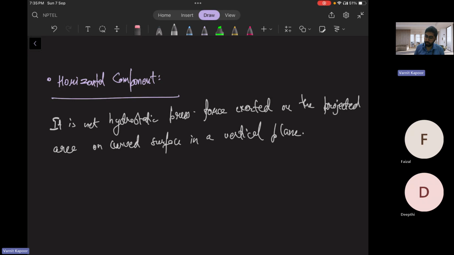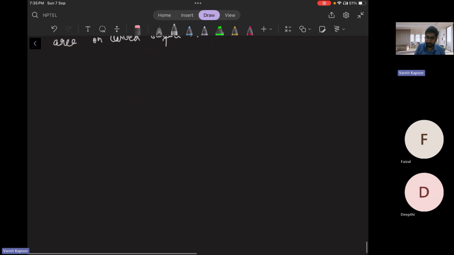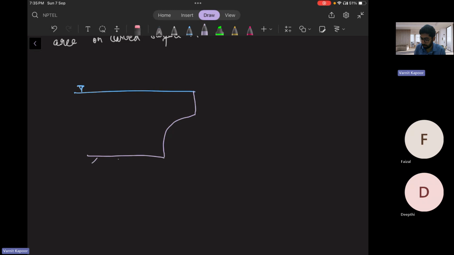Okay, so what do I mean by this? So this was your free surface. The surface looks like this. Okay, suppose this is a distance x1. The horizontal component of the force will be like this, which will be acting.